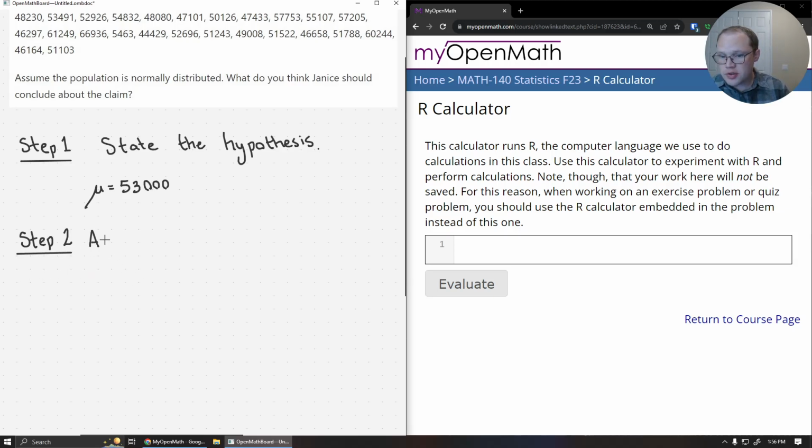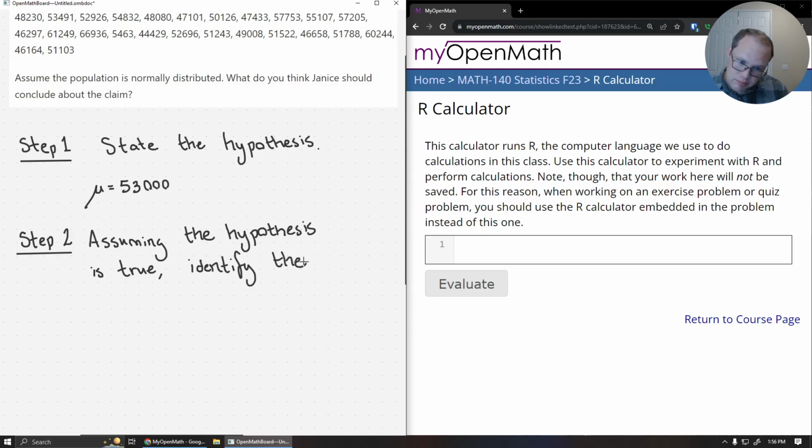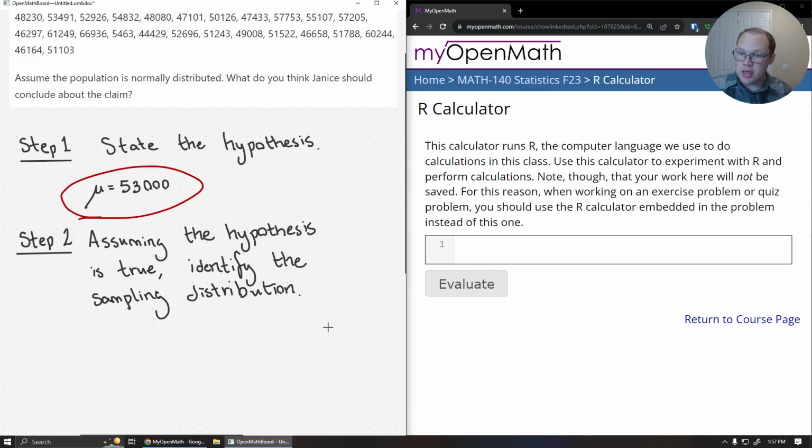Step 2. Assuming the hypothesis is true, identify the sampling distribution. Since we are testing the mean of the population, the statistic that we care about from our sample data is the sample mean.